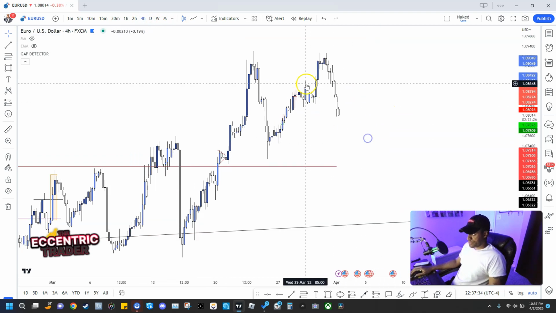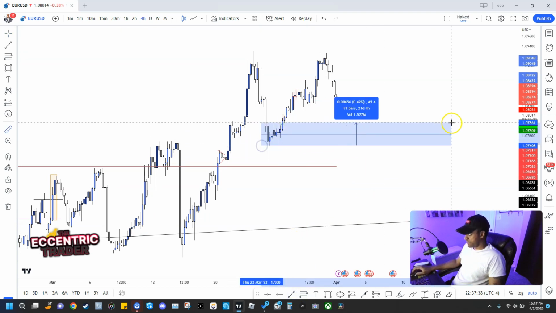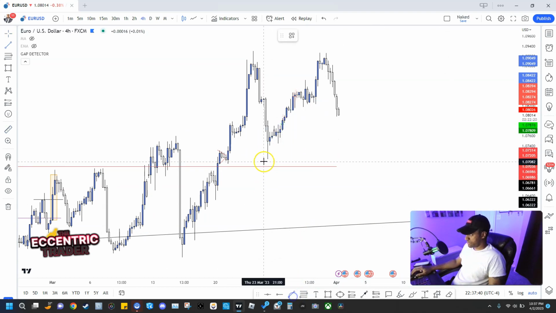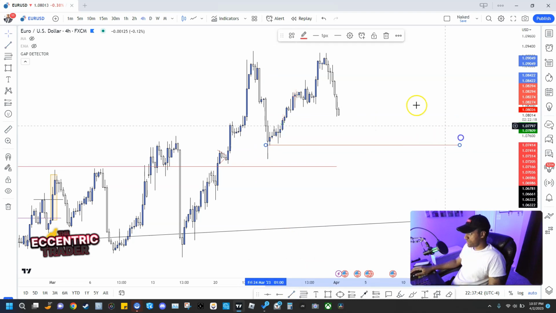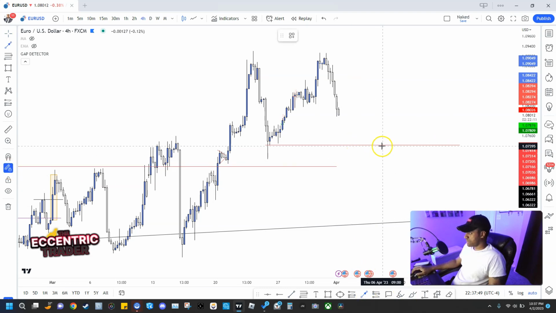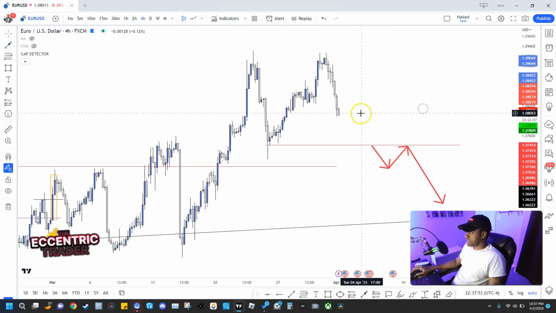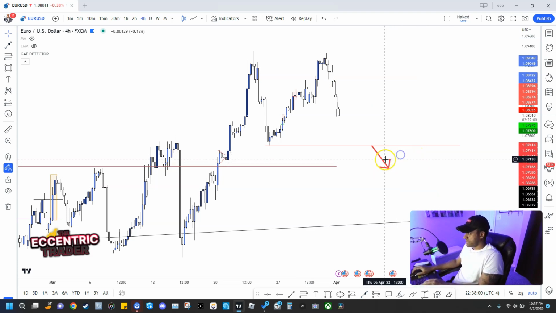So in my mind, H4 is still bullish until it comes down to this relative low and breaks this area right here, until it does one of those. For me, it's still bullish, right?